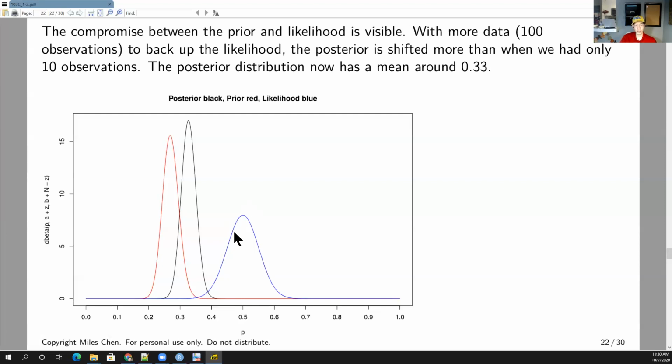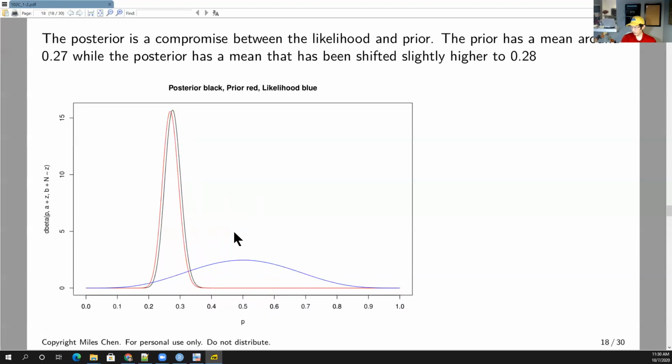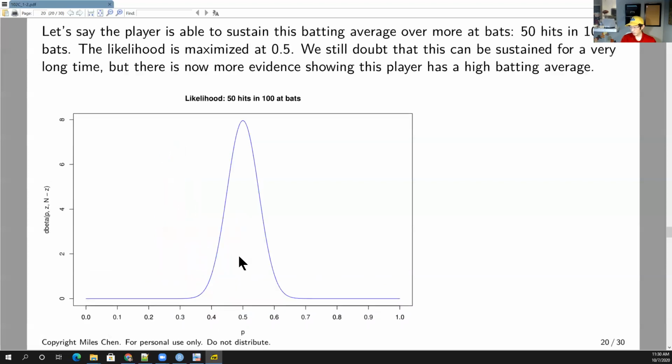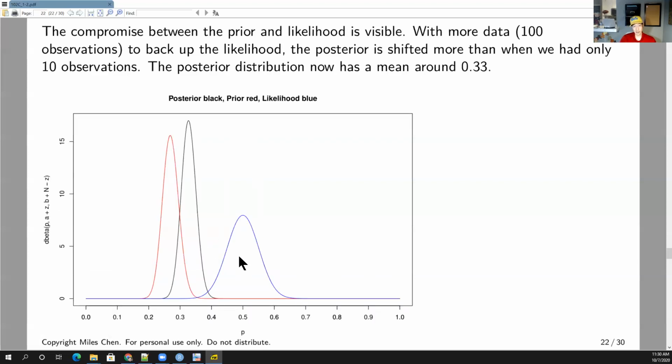It's based on 100 at-bats and not 10. Therefore, the posterior distribution is affected more. It shifts more towards this likelihood, because we have more data to back this up. And so this ends up being the posterior distribution.